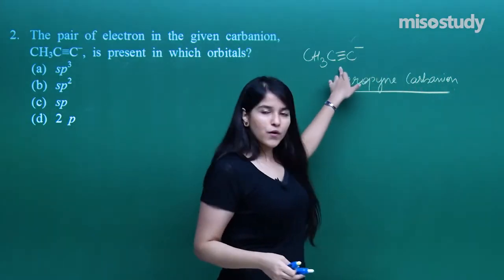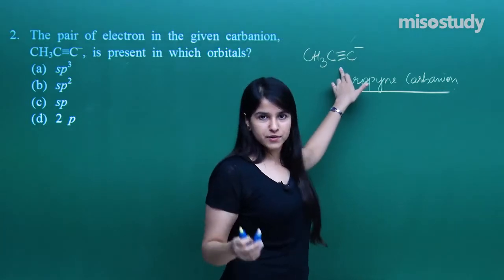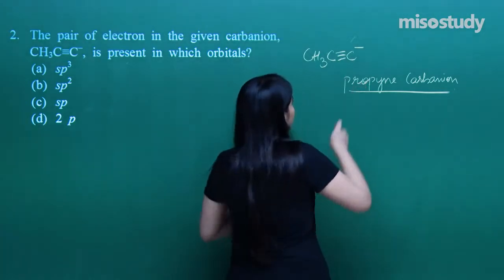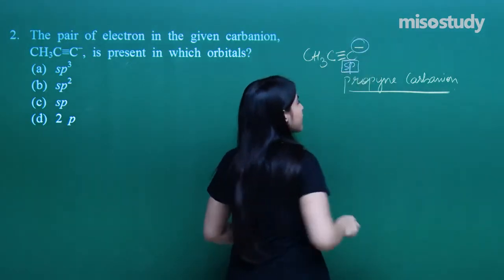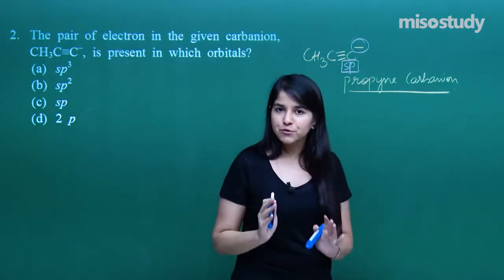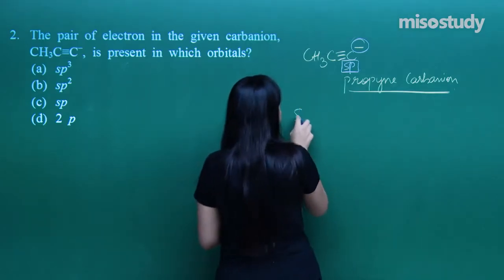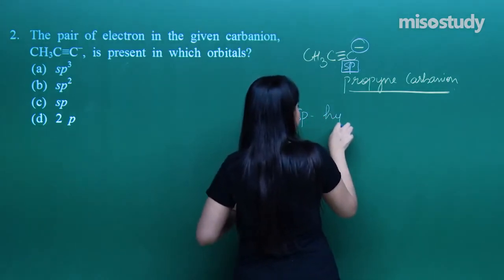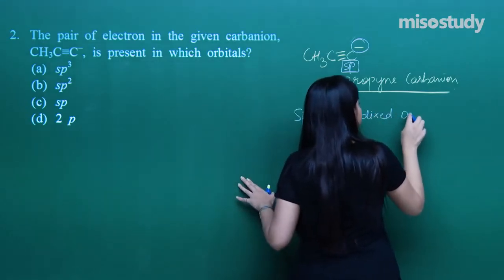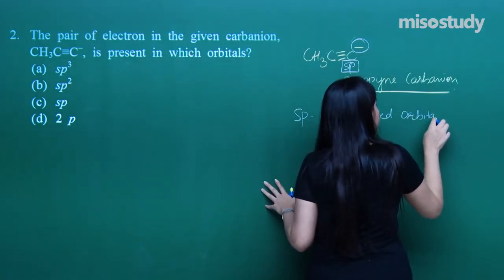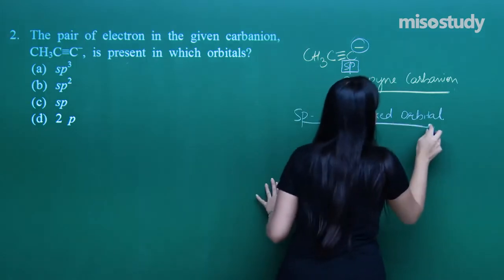Since this carbon is what? What is the hybridization of this carbon? That is sp hybridized. So we have got an sp hybridized carbon. So these electrons will definitely be lying in the sp hybridized orbitals. So sp hybridized orbitals will be containing this negative charge.